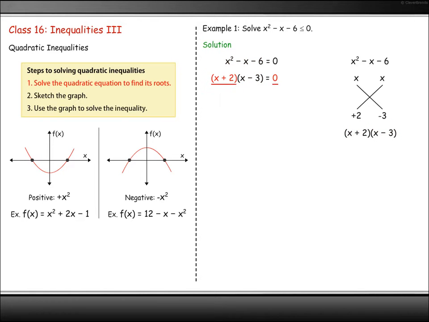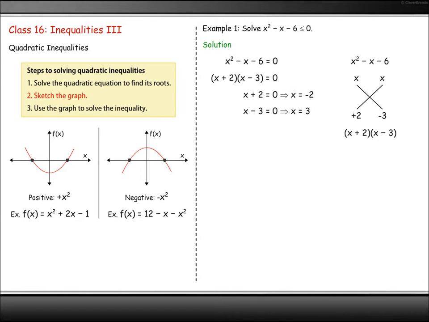Find your roots by putting each factor equal to 0. The roots are x is equal to minus 2 or 3.